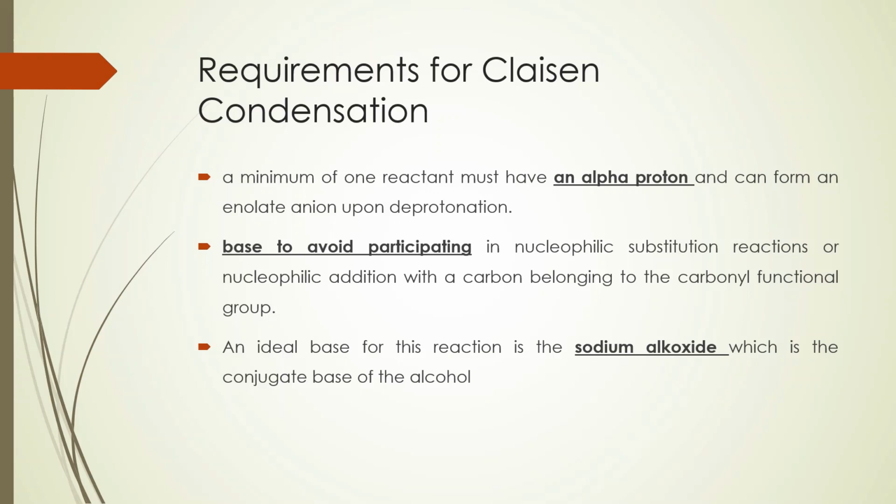An ideal base for this reaction is the sodium alkoxide, which is the conjugate base of alcohol. So instead of using sodium hydroxide as a base, we are using sodium alkoxide because this sodium alkoxide will not participate in the reaction.